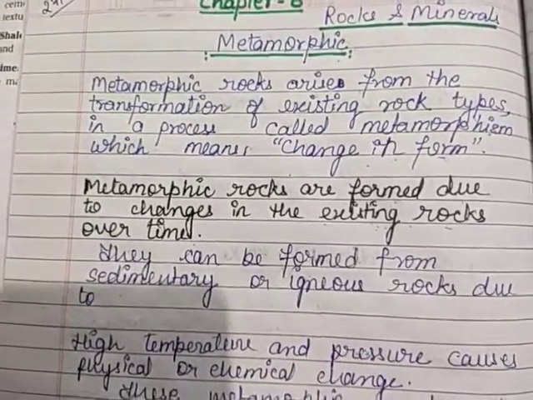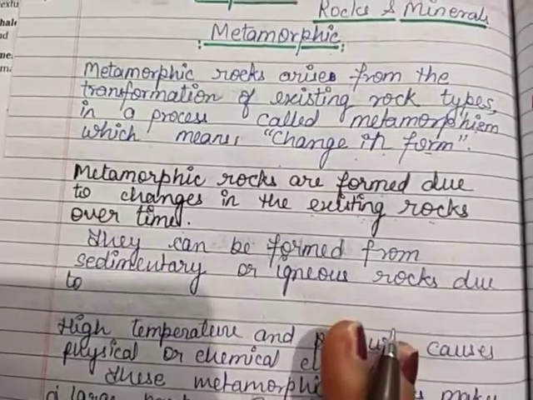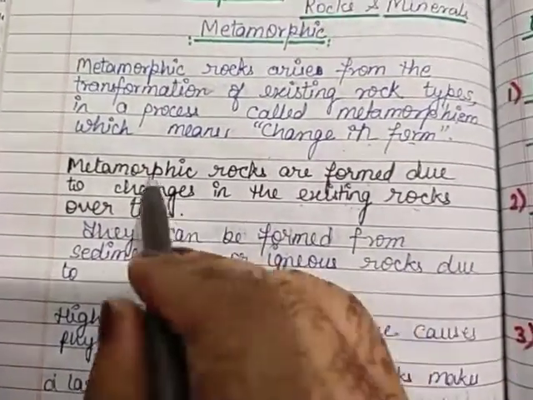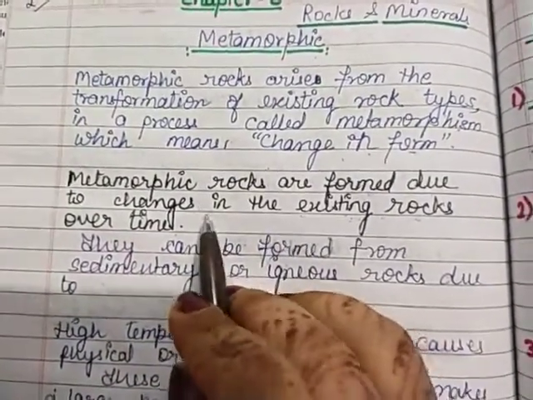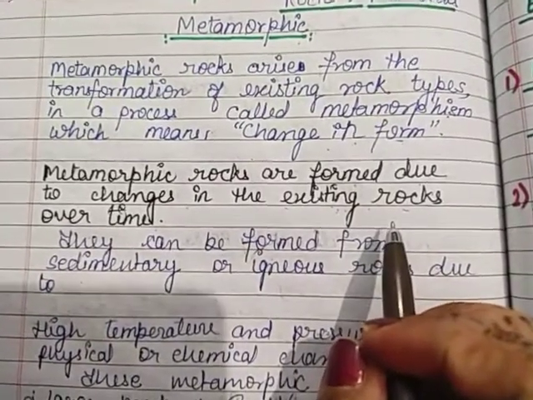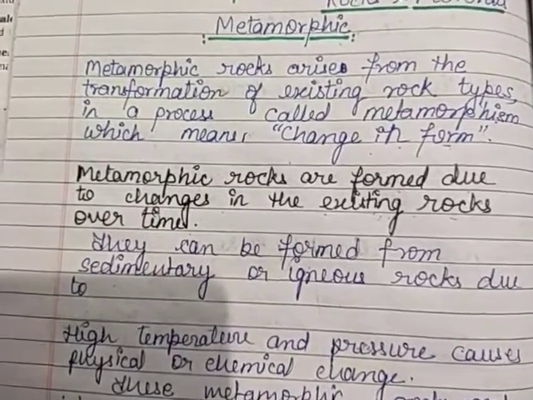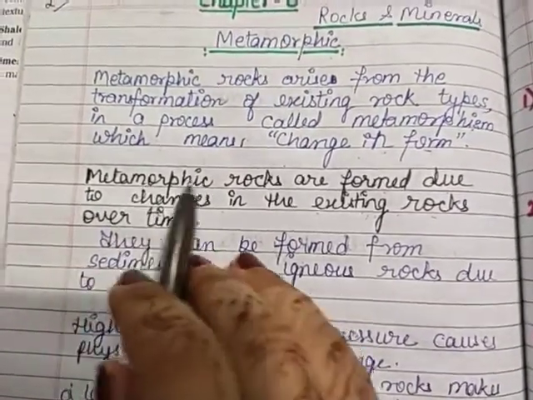They are already formed. So these metamorphic rocks are formed due to changes in already existing rocks. When these already existing rocks are changed over a period of time, then we will get metamorphic rocks.